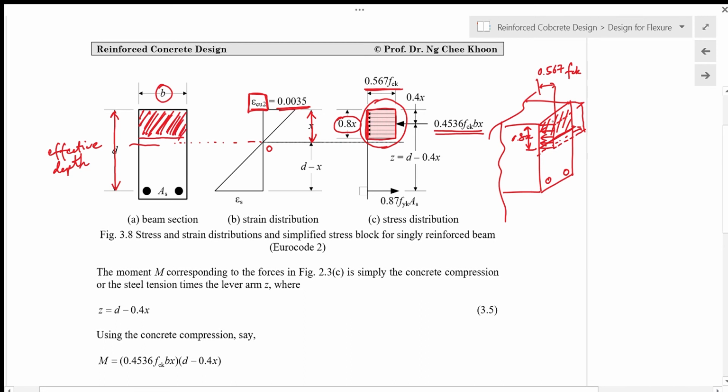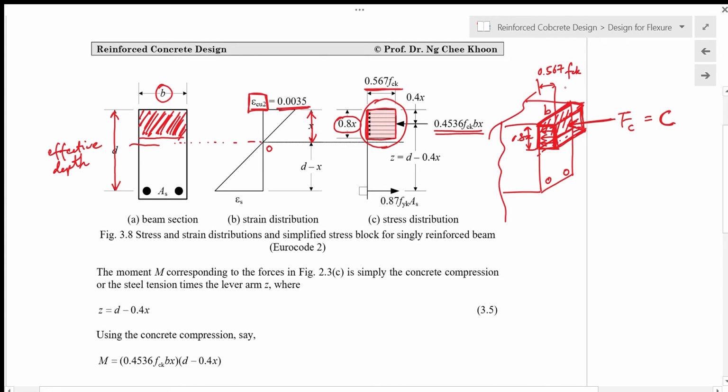The stress multiplied by the width of the section b multiplied by 0.8x will give us a resultant force Fc, or sometimes we call it C. So 0.567 fck multiplied by 0.8x and multiplied by b gives us the volume of this block, and the volume of the block gives us the resultant force Fc or C.